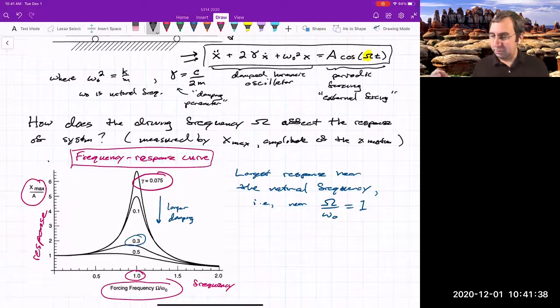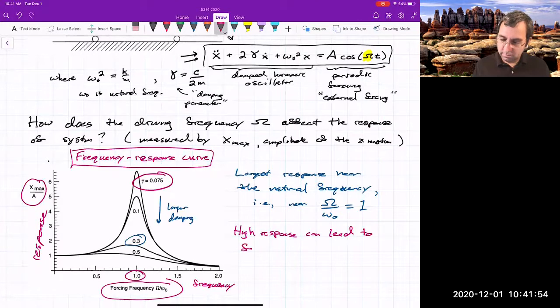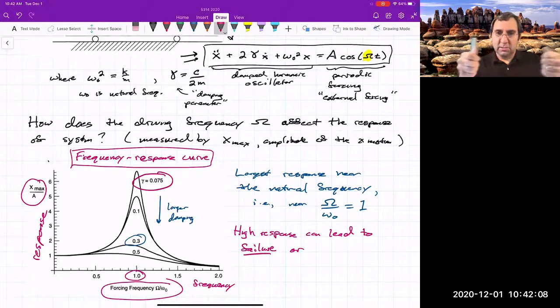A high response can lead to failure, and that is bad and could lead to damage. Maybe your building's not rated to shake a certain amount. Or imagine you're driving your old car, you hit a frequency and something starts shaking. You've hit a natural mode of your car.